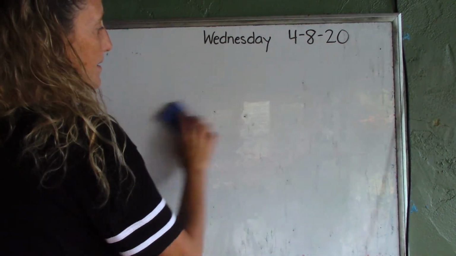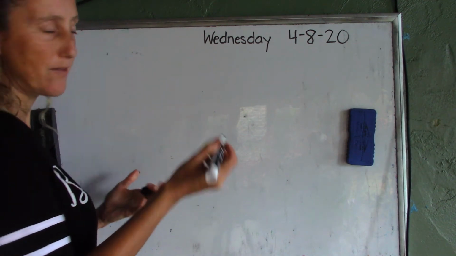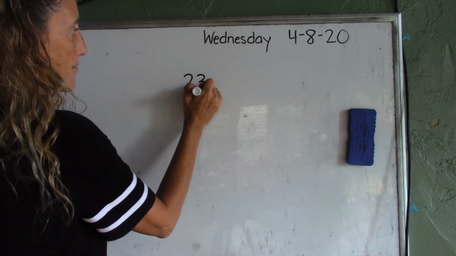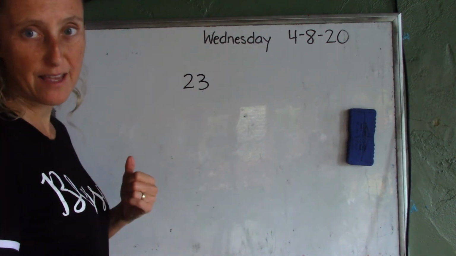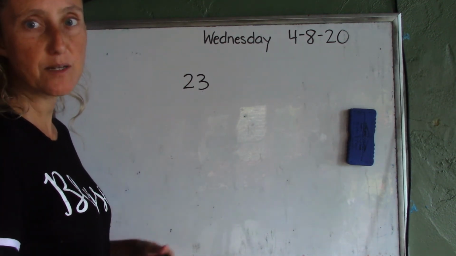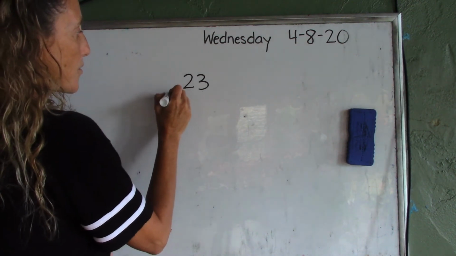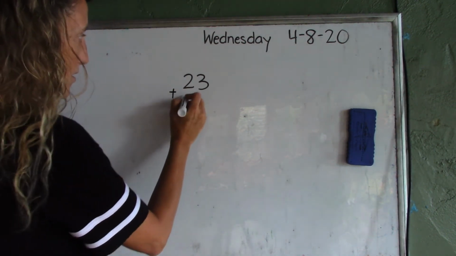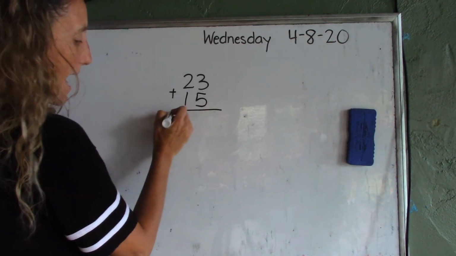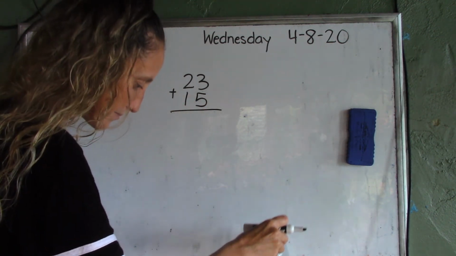When we're adding up, we know that we have 23 cents, right? What if someone else gave us 15 more cents? If they give it to us, it's more, so we're going to add it. It's going to be a plus.